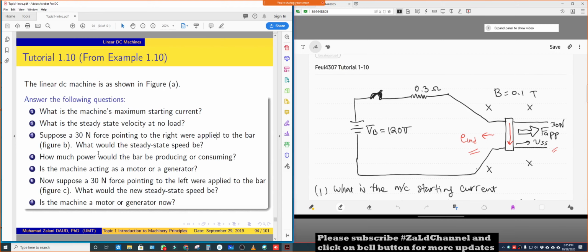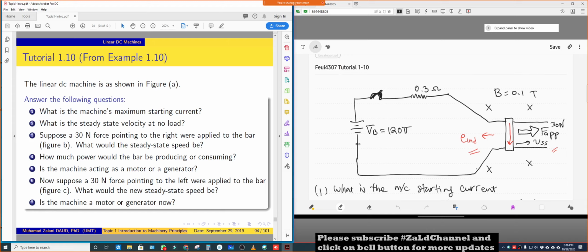For this linear DC machine, we are going to discuss how to define whether this machine is working as a generator or motor. It depends on how we apply the force on the bar. This is the conductor bar, and we have the battery supply here.